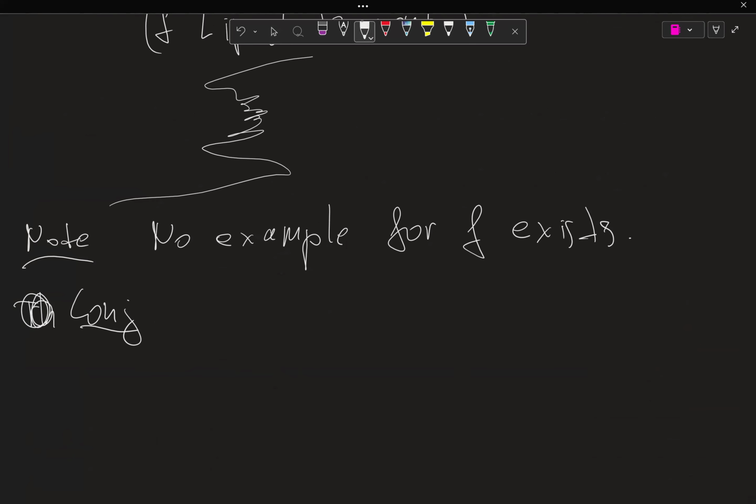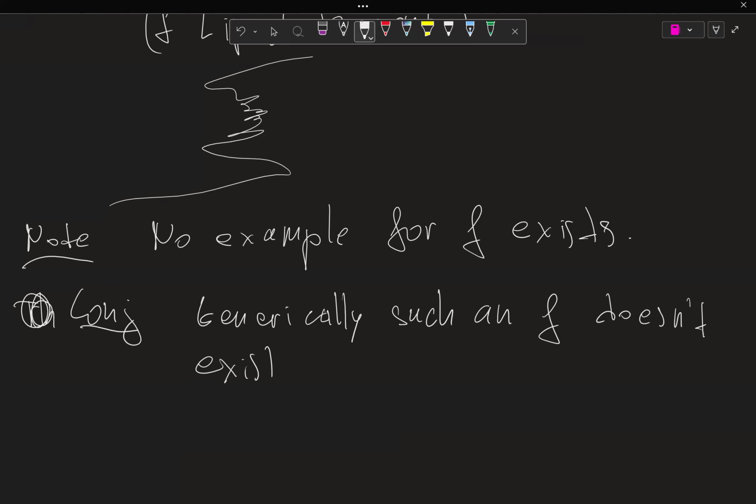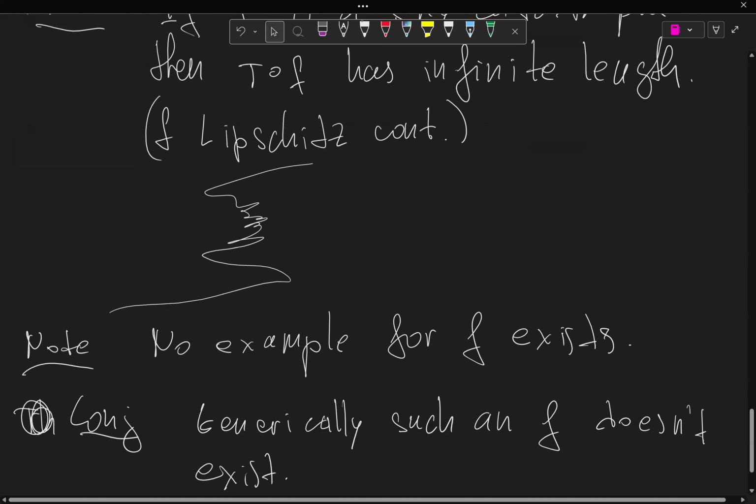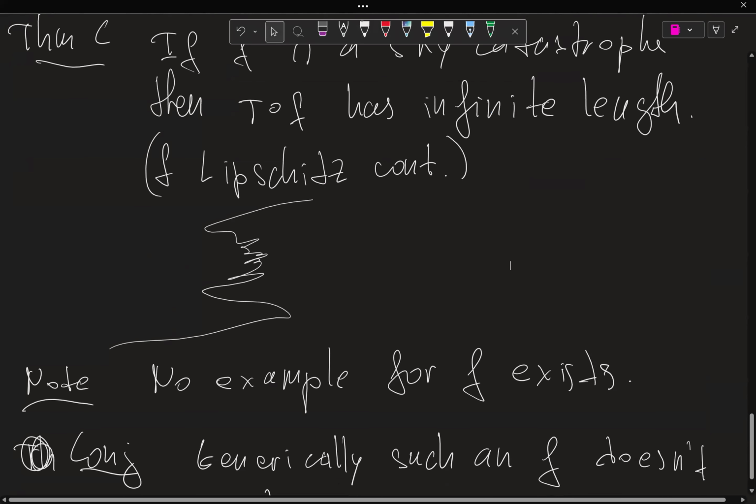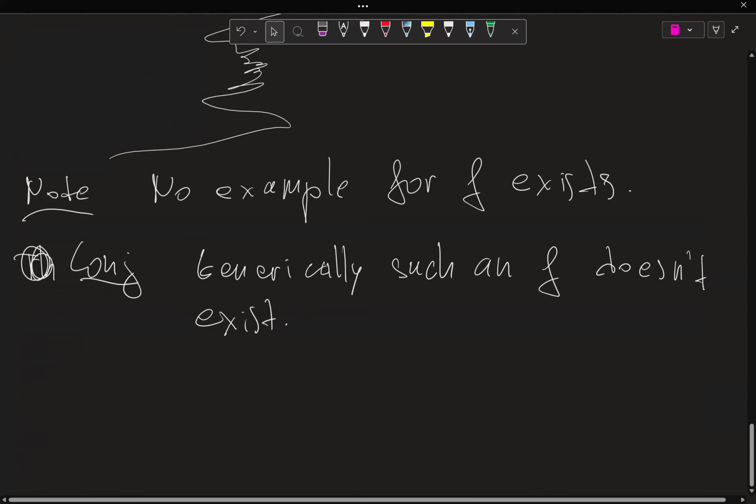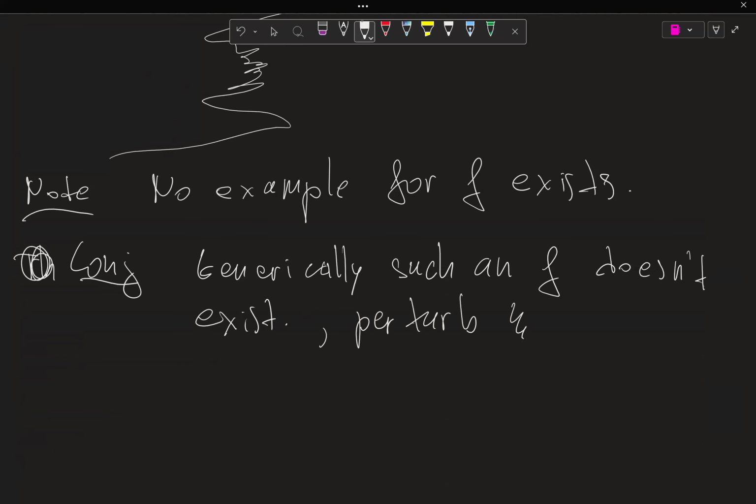Then the stronger conjecture is that generically they don't exist. Basically, if you did have a sky catastrophe, then you perturb the family G_T and it disappears.